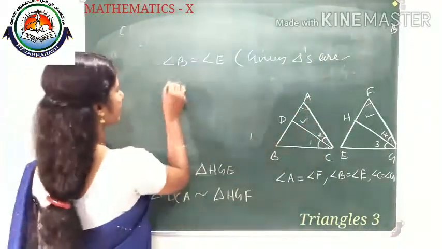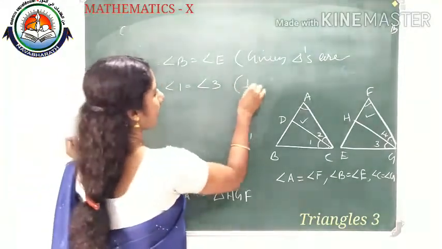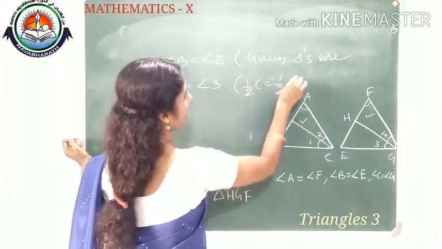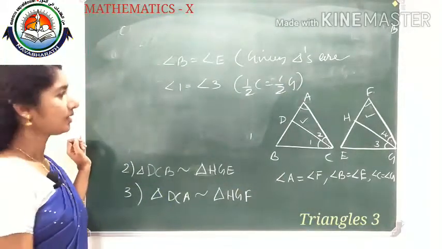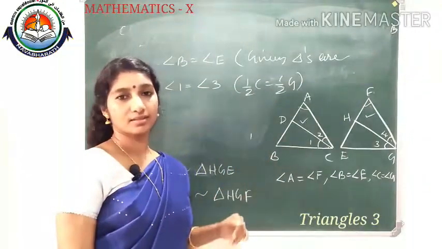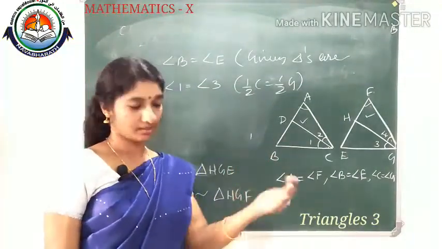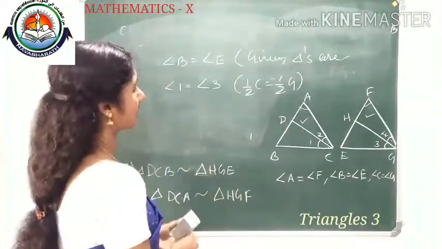And the next information, angle 1 is equal to angle 3, why? Half C is equal to half G, or angle bisectors of equal angles, so their halves also will be equal. Like that you can give the explanation.